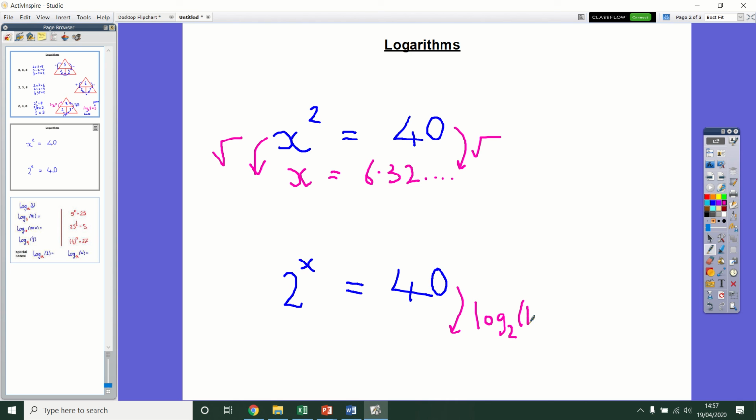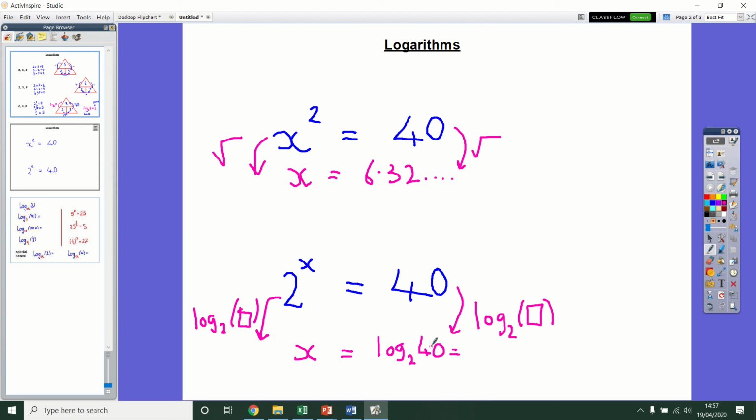And I'm going to put 40 in because I'm trying to find the power of 2 to make 40. So to both sides, we're taking logarithms base 2. Taking logarithms of this produces x, the power. This is the solution.